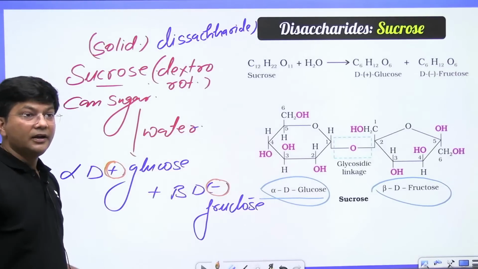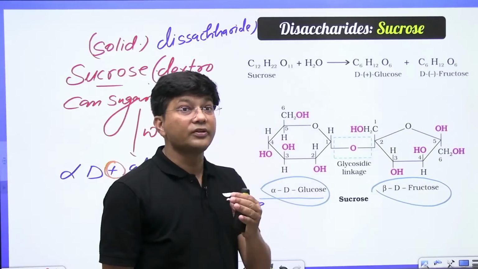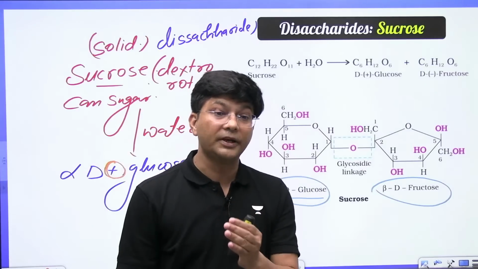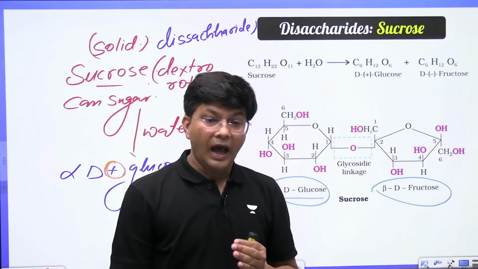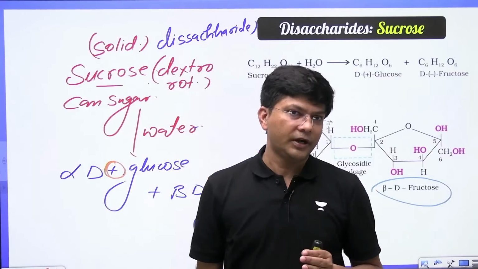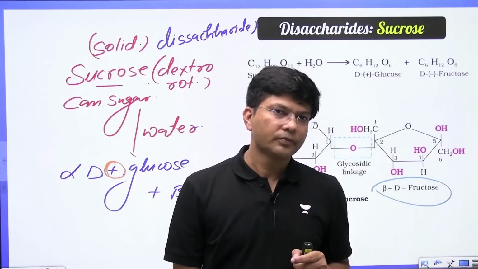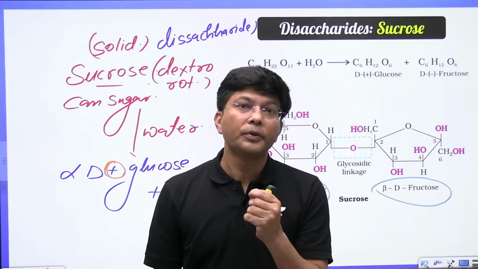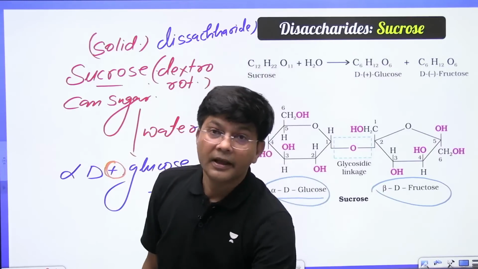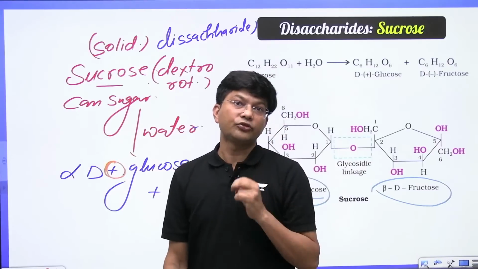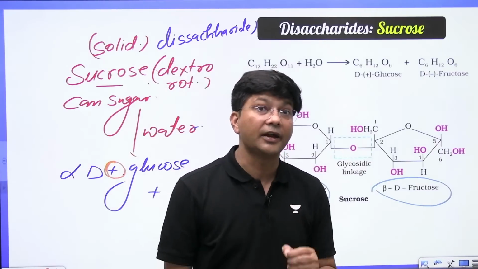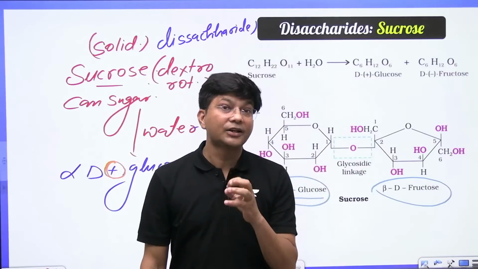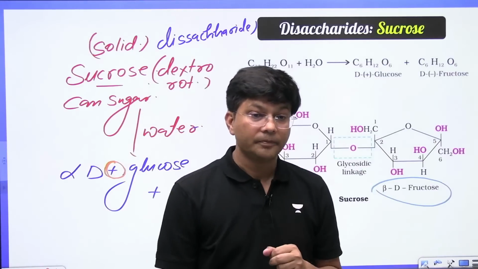So definitely the answer lies in that glucose is experimentally found to be dextrorotatory and fructose is levorotatory. Is this point clear to you? Glucose, the metabolically active form found in nature, is dextrorotatory, and the metabolically active form of fructose is levorotatory.